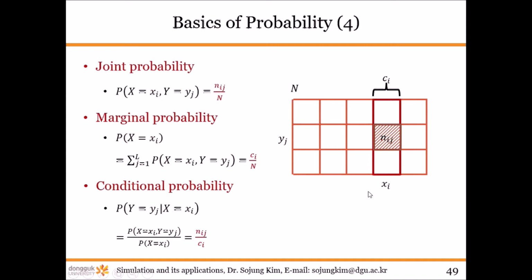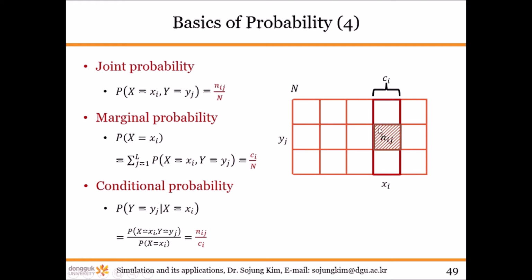So in order to do that, you have to consider only this area associated to xi, and then based on this area we want to know the probability of yj.